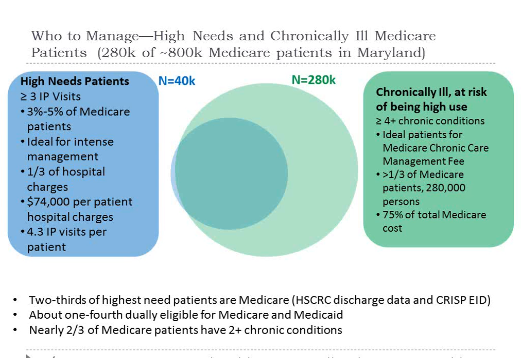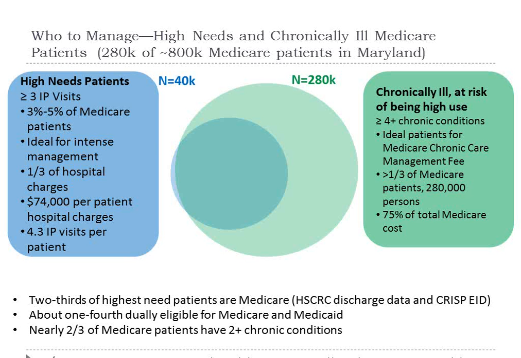They comprise about 1/3 of hospital charges for inpatient and emergency room. The average charge for these patients at the hospitals in Maryland for this data period was about $74,000 per patient, and on average they had just over 4 inpatient visits.